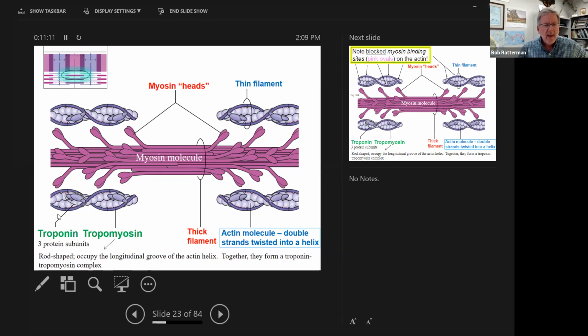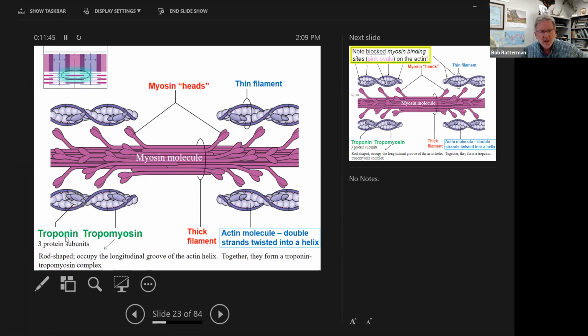Troponin. And then we have this tropomyosin, which is depicted as this gray-blue filament on the surface of this double helical actin. It is still part of actin, but it's on the very outer groove of the actin helix. Here you can see tropomyosin up here, and some more here.